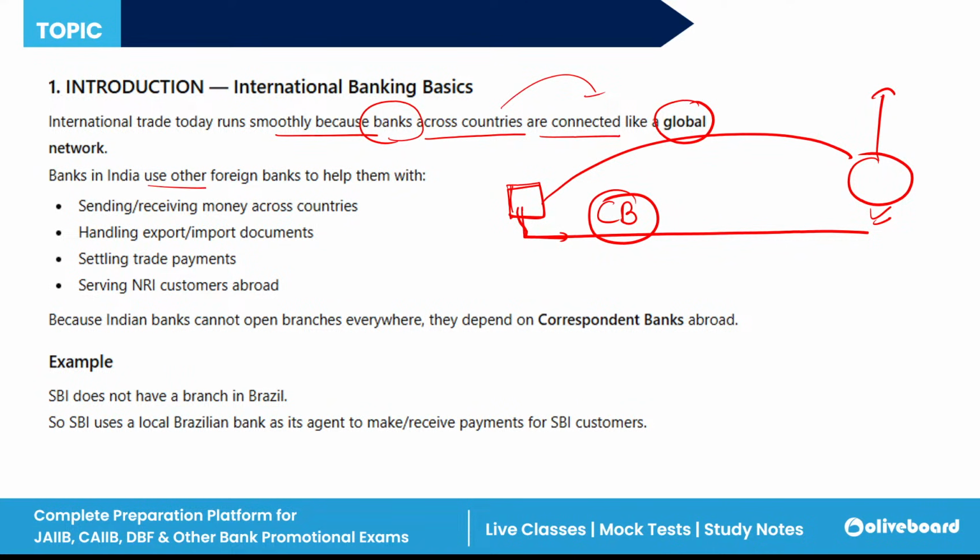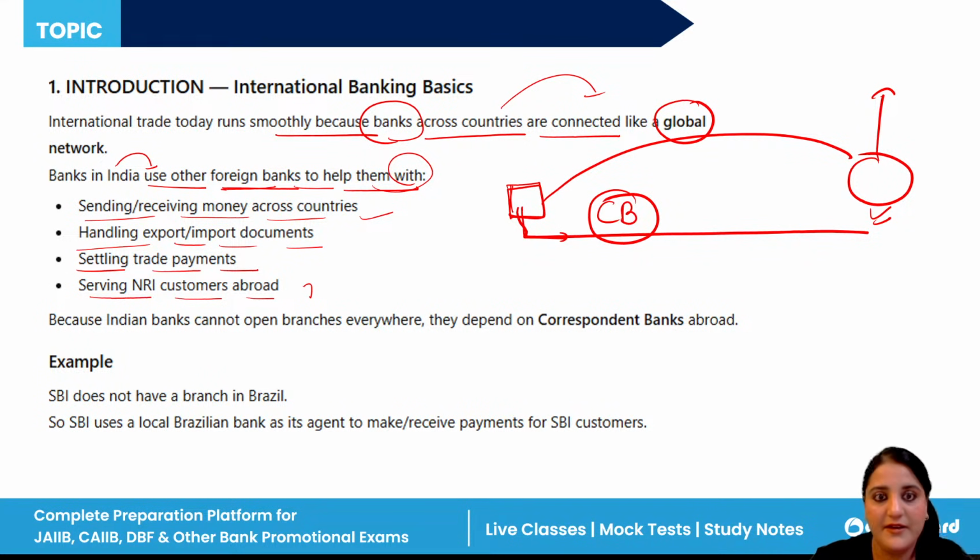Suppose banks in India use foreign banks to help them with sending and receiving money across the countries, handling the export import documents, settling the trade payments, servicing the NRI customers abroad. That's why we need correspondent banking, where Indian banks use the foreign banks to help them with all these activities, right? So Indian banks cannot open branches everywhere. They depend on correspondent banks abroad, right?